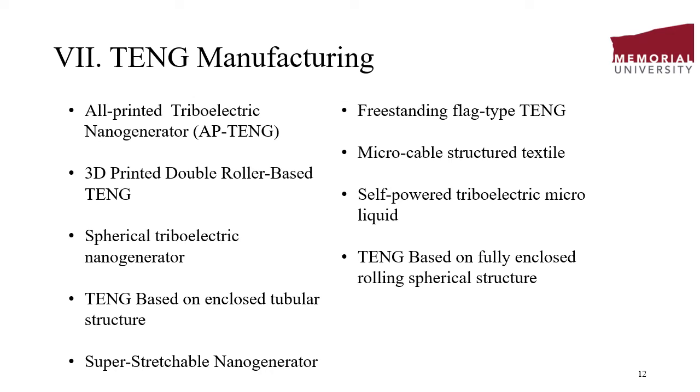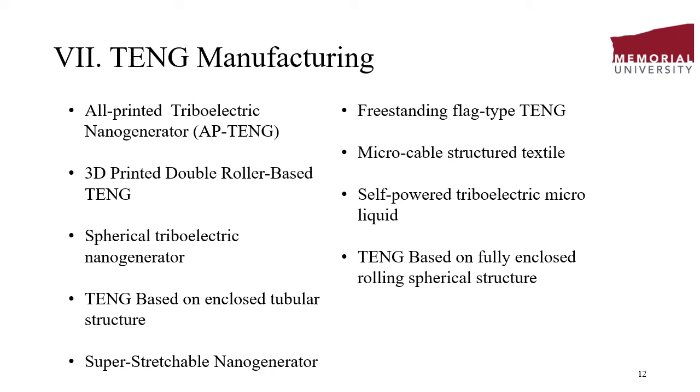And there's another manufacturing method, the self-powered triboelectric micro liquid. That is two types of liquid using different fluid dynamic properties to make the sliding mode between two fluid layers. So it would be ideal for wave power generation.